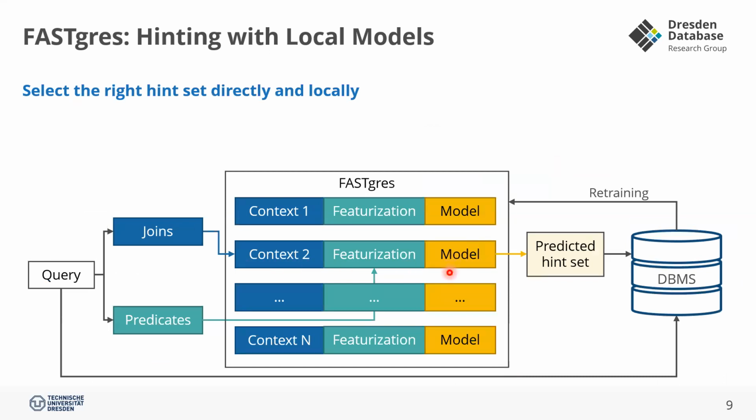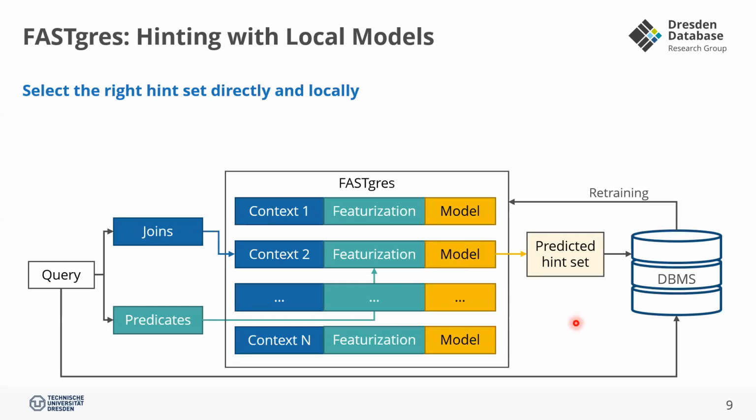You do not have to use gradient boosting. You can use any other model, but this model then directly predicts a hint set, and this hint set is then forwarded to the DBMS. Then the query is executed, and we also measure runtimes to get some information to retrain FastGRESS if the model, so this particular model here, grows stale.